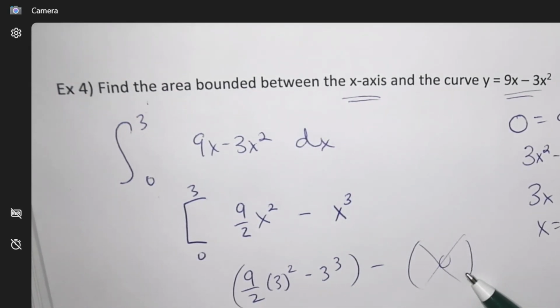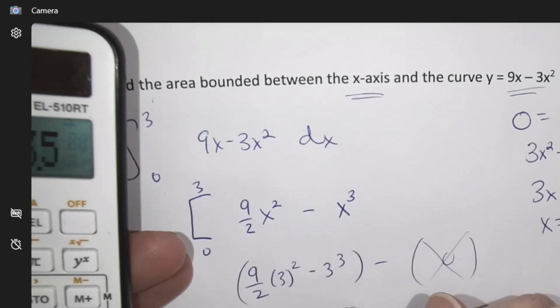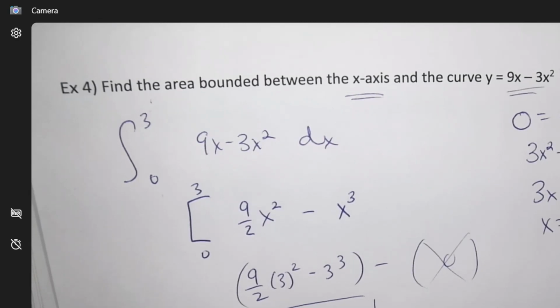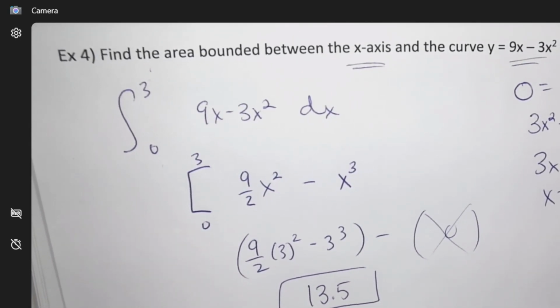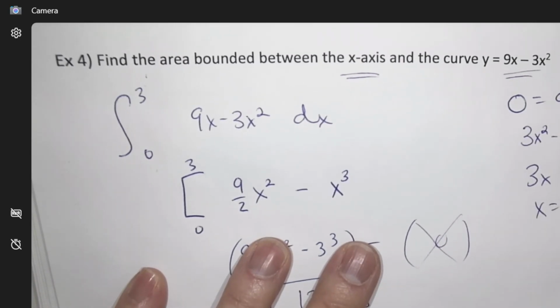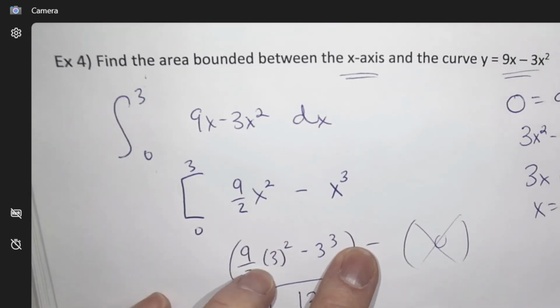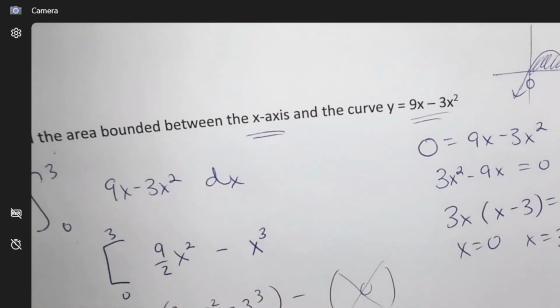When I plug in the 0, there would really be nothing there. Did you get 13.5? Okay, and if you want to see what this would look like, this is a parabola that's downward. So I kind of have the idea of what the parabola looks like. And then from 0 to 3, this little area right there is 13.5.